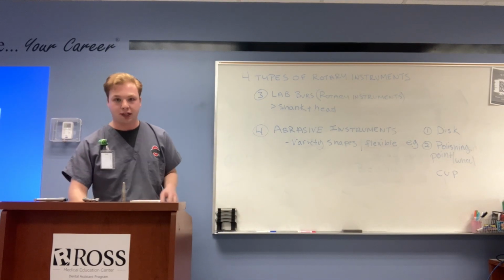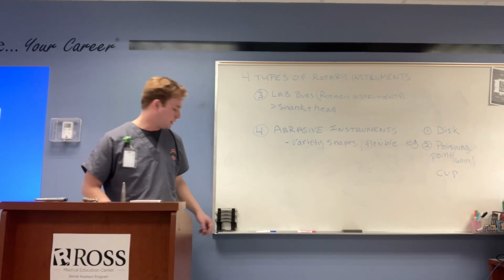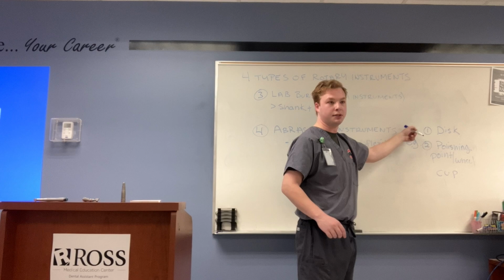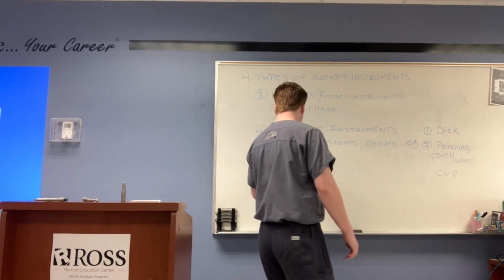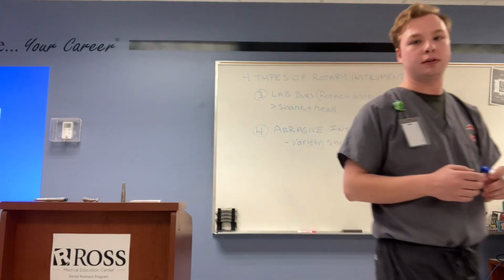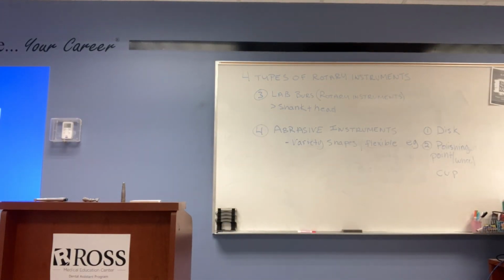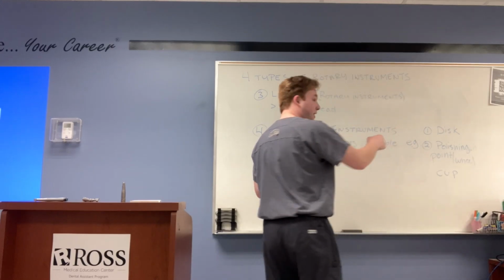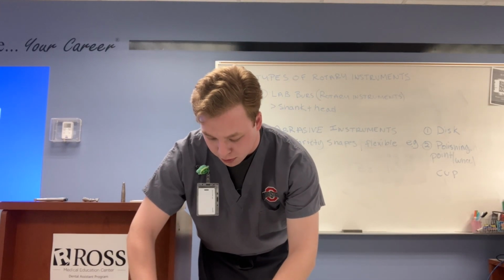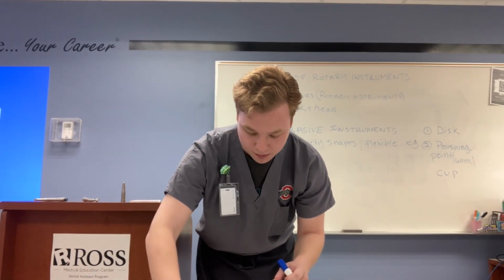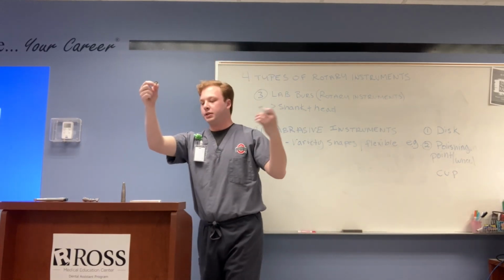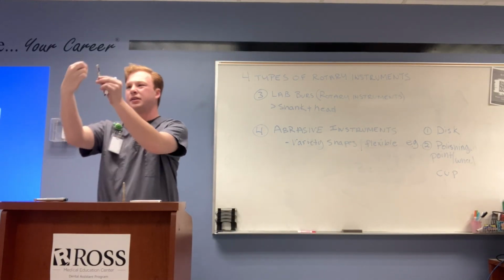And the final thing I want you guys to know for today is that if you're using a polishing disc, this number 1 up here, you have to use something called a mandrel. Okay? So this disc, if you look at one, there's a big hole in the middle. How would you suppose I put this on here?